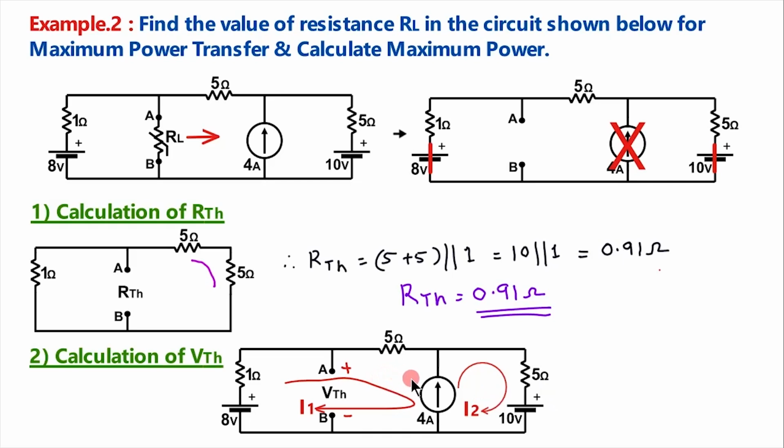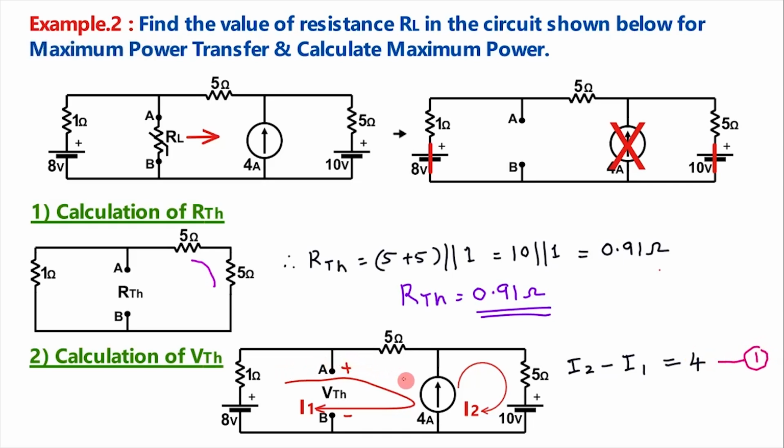As I1 is flowing in this direction and I2 in the opposite direction, we have to take the difference of I1 and I2. But here I2 and this 4 ampere are in the same direction, so naturally I2 will be higher. So we can write I2 minus I1 is equal to 4 ampere. Let this be equation number 1.